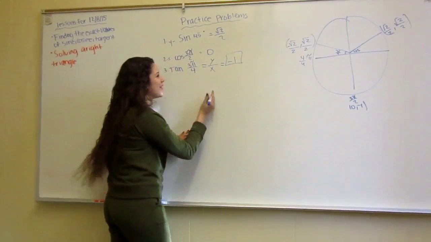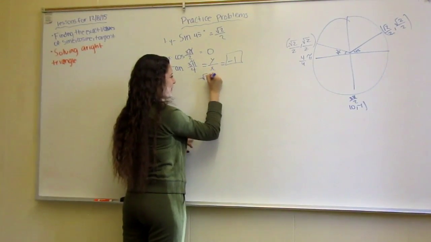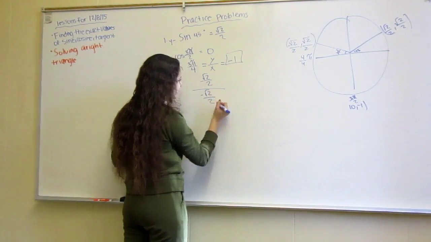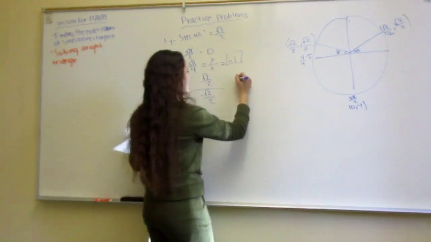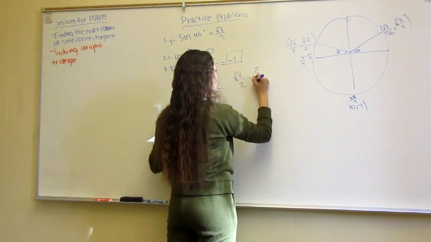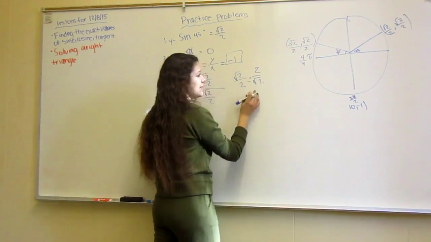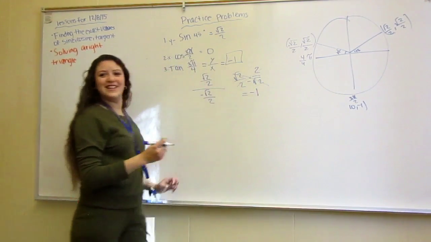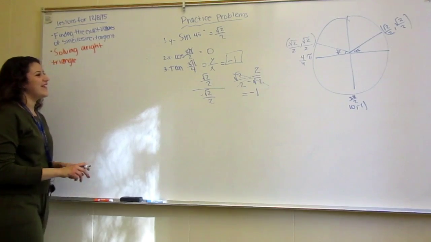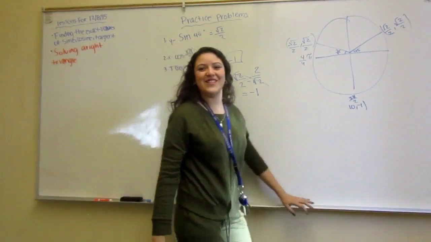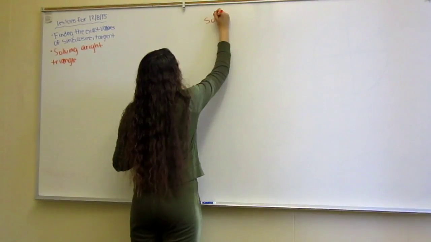Let me write it out so you won't get confused. It's the y over the x. Radical 2 over 2 times 2 over radical 2, this flips, then you cross cancel. It gives you a big fat negative 1. That concludes our lesson for finding the exact values of cosine, sine, and tangent.